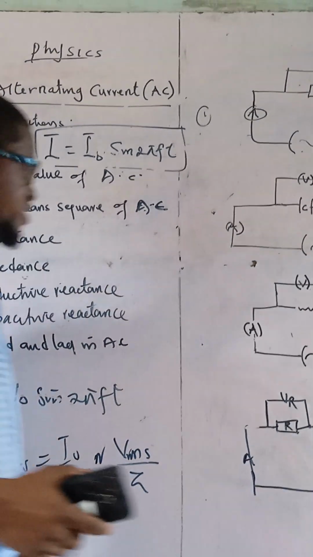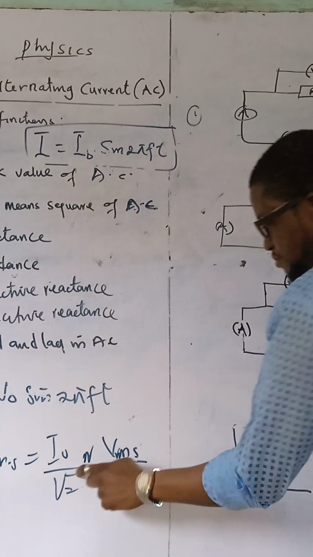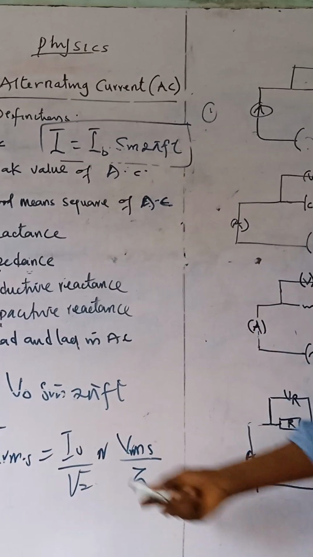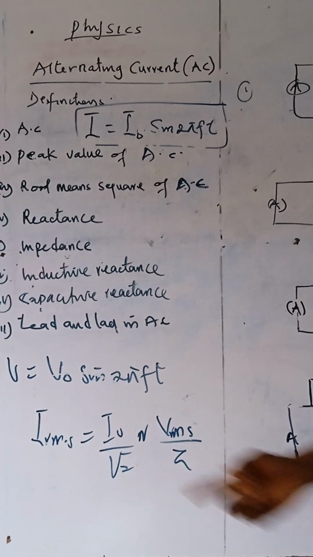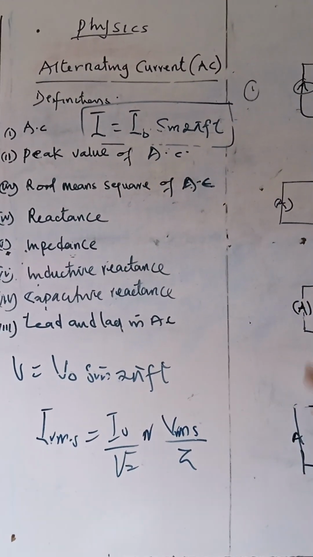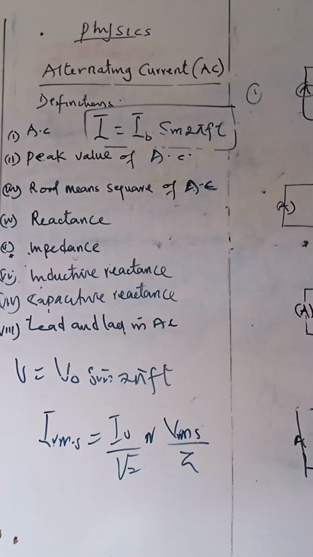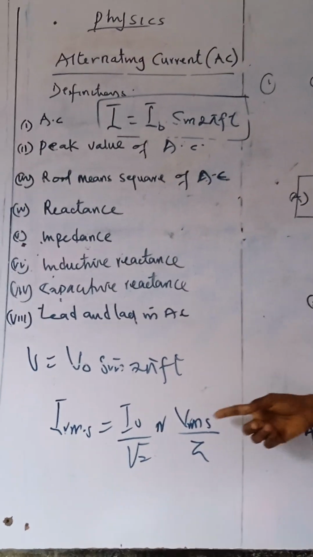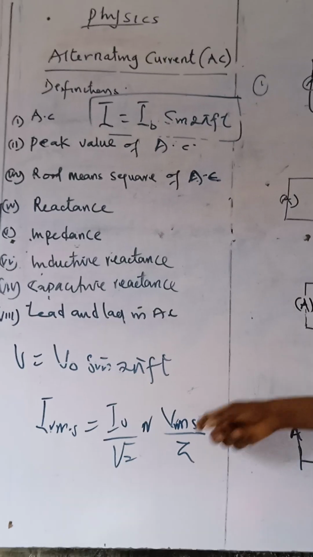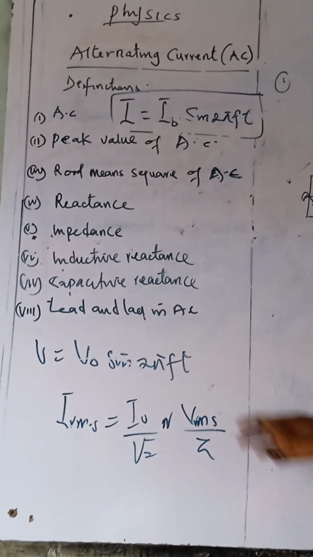So in a situation where the three are present, we can get this using this. So when the question says show the relationship between RMS and I naught, this is their relationship. When the question says show the relationship between I RMS and V RMS, this is their what? Relationship. We continue from the next class.